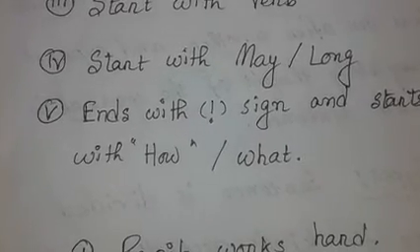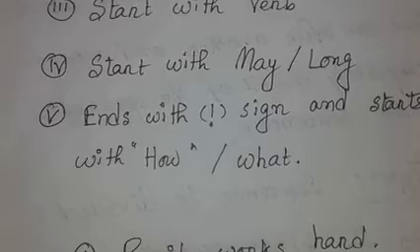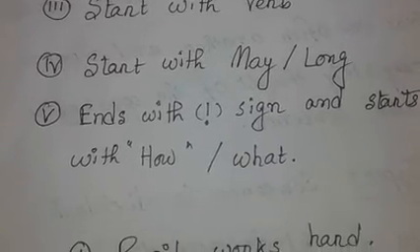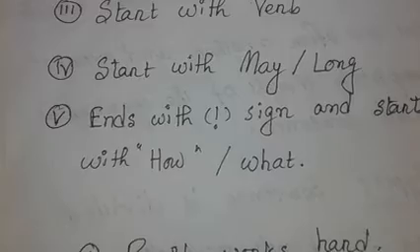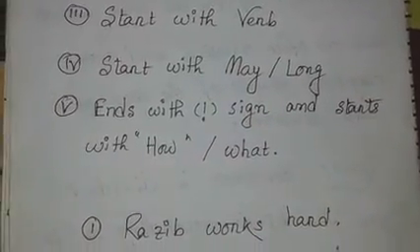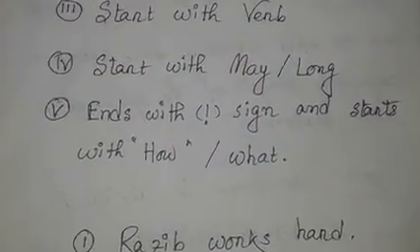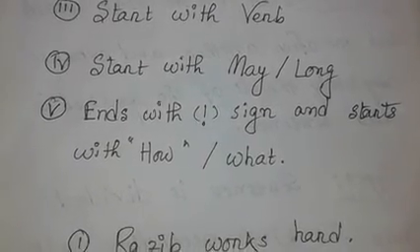You know very well that how and what are both interrogative words, that means WH words. But if the sentence starts with a WH word and ends with a question mark, then this will be a WH-word interrogative sentence.